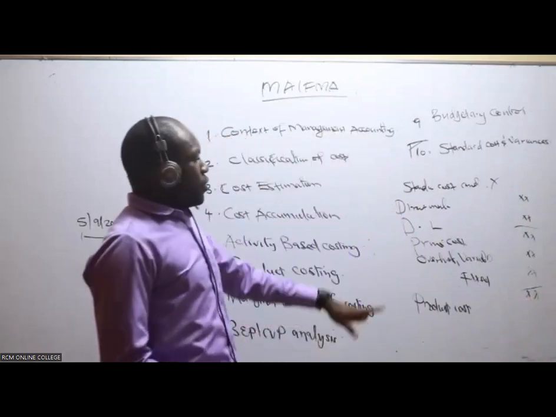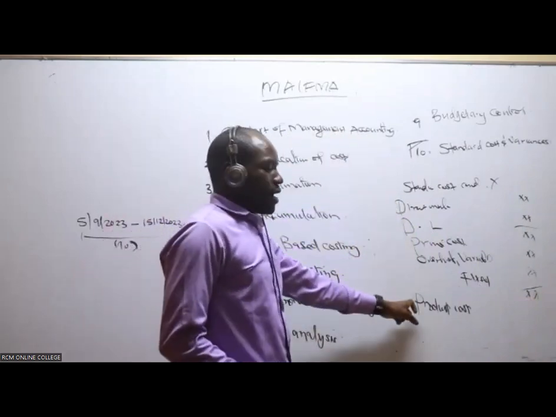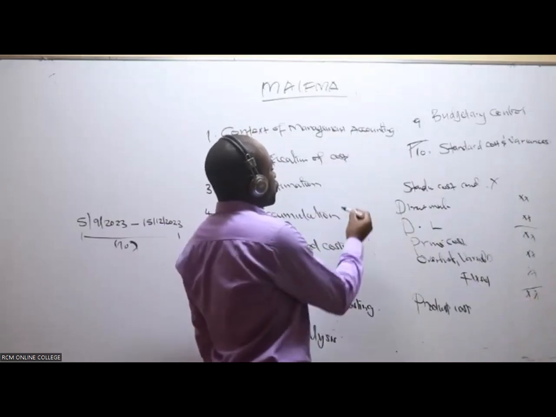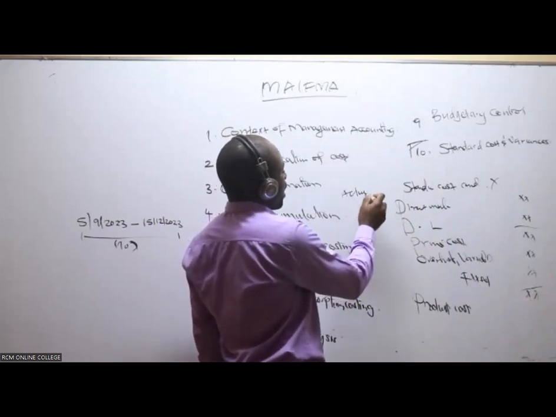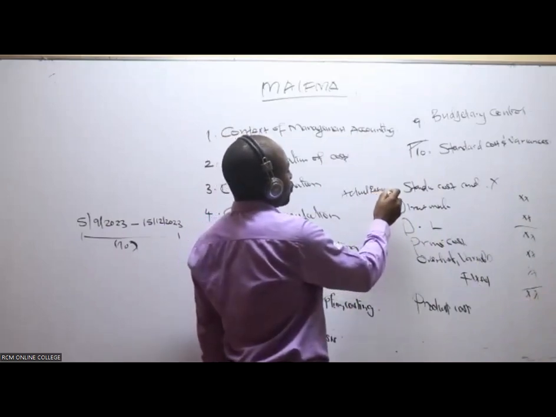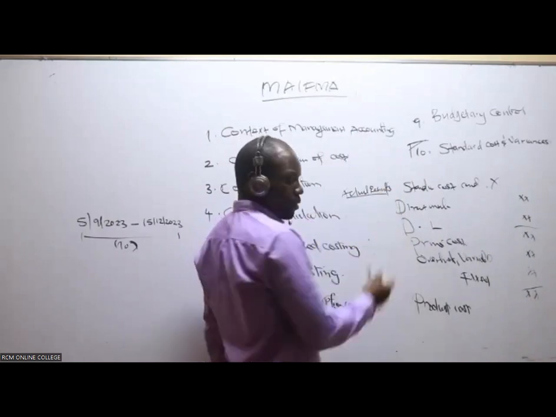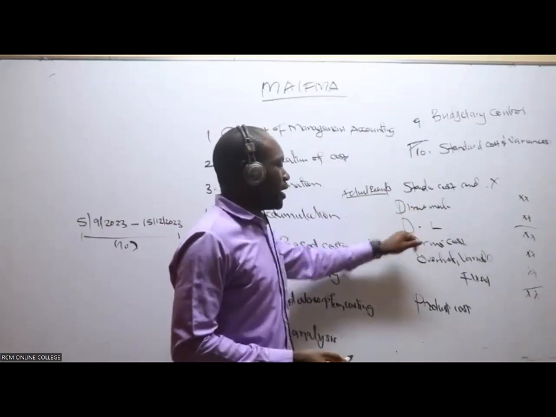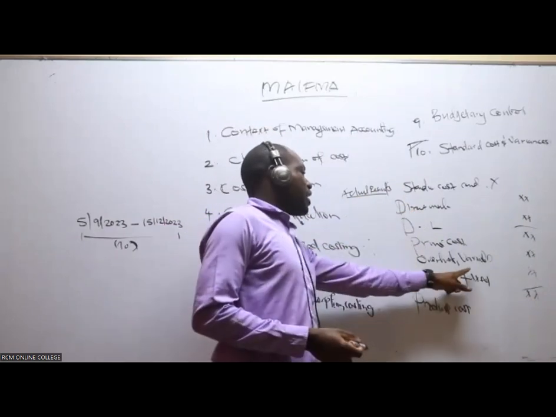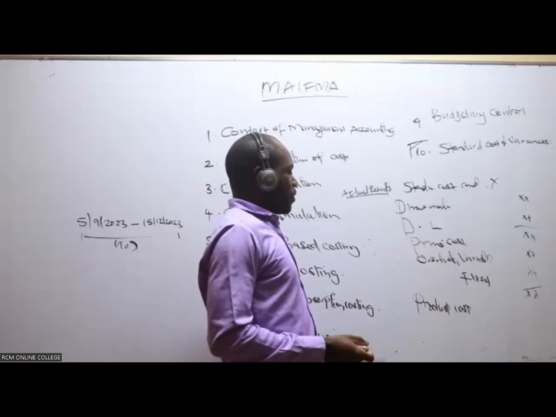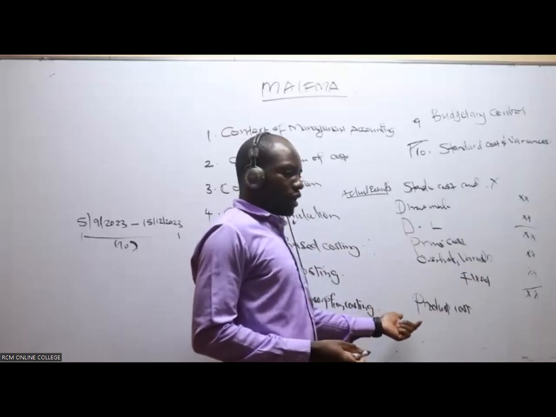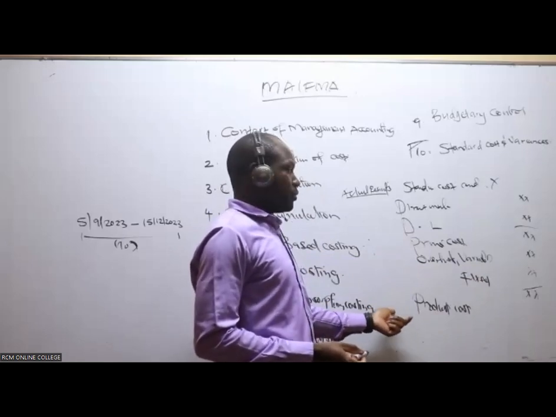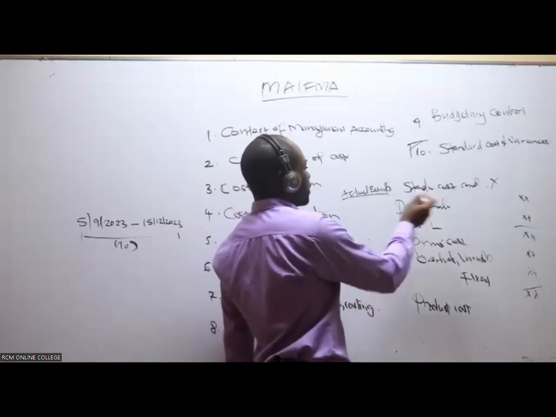Now, with the standard cost card and the actual results. So actual results will also contain direct material, direct labor, overheads, that is variable and fixed. Then you get the actual product cost here. So you're going to have this and this one here.